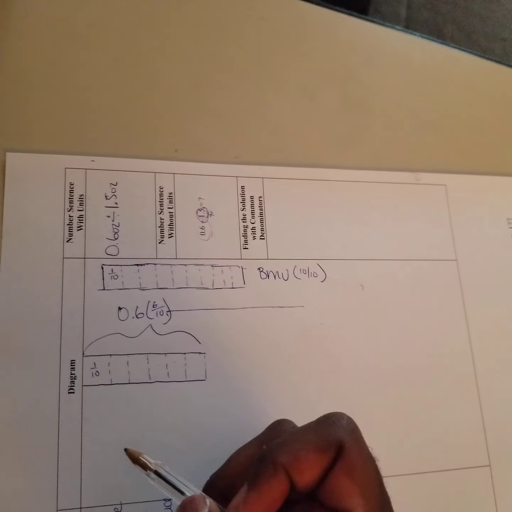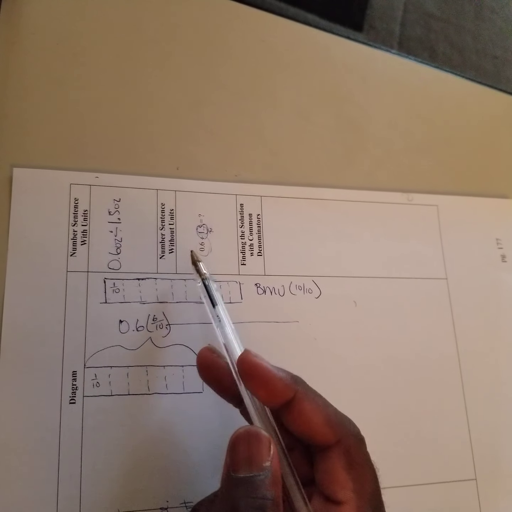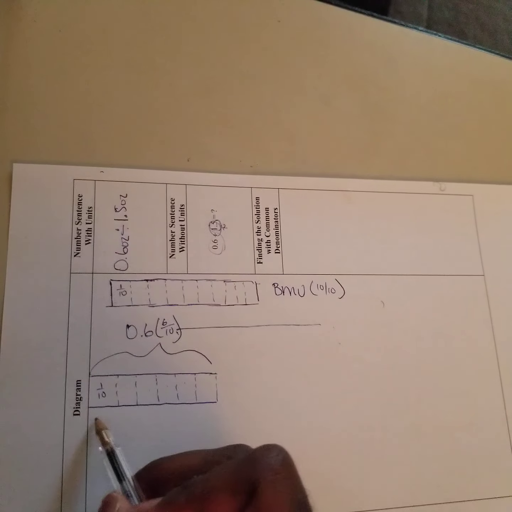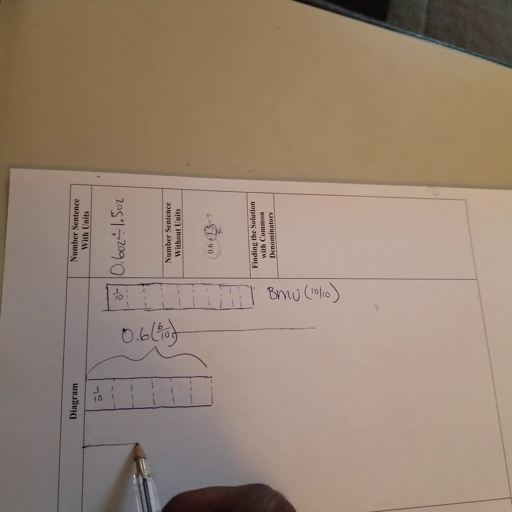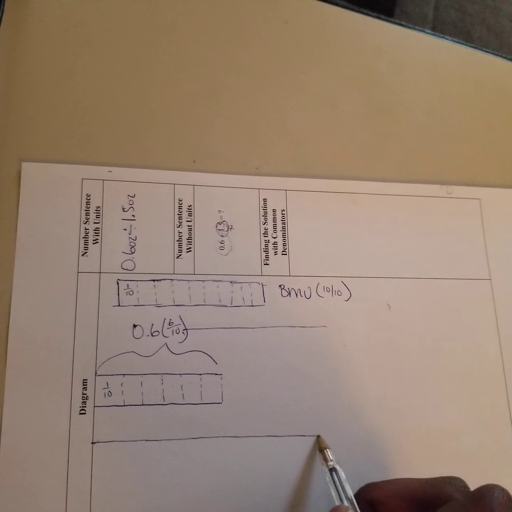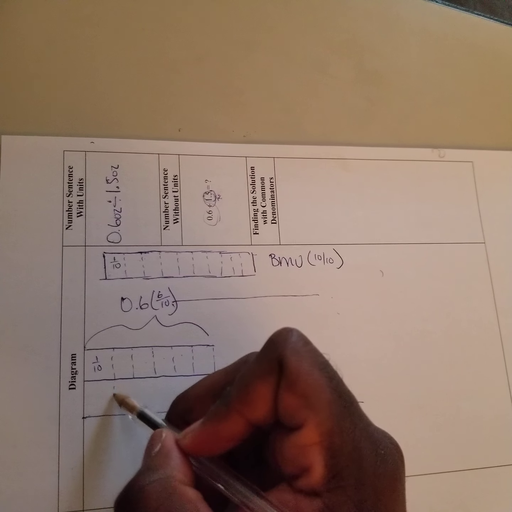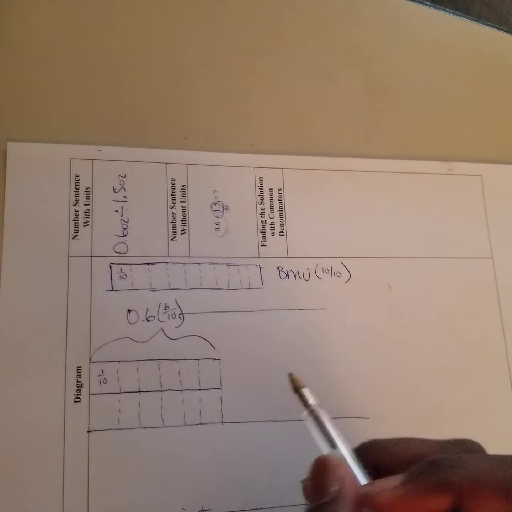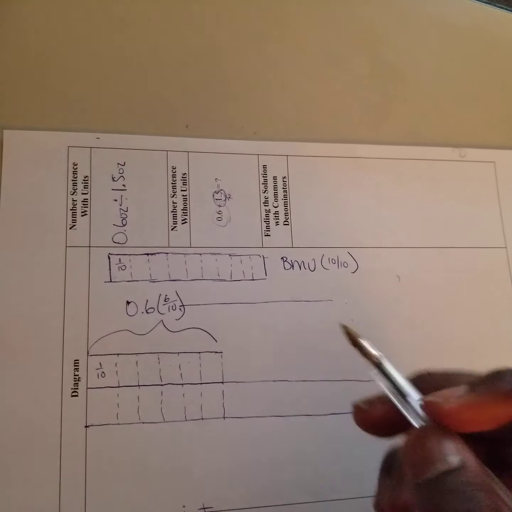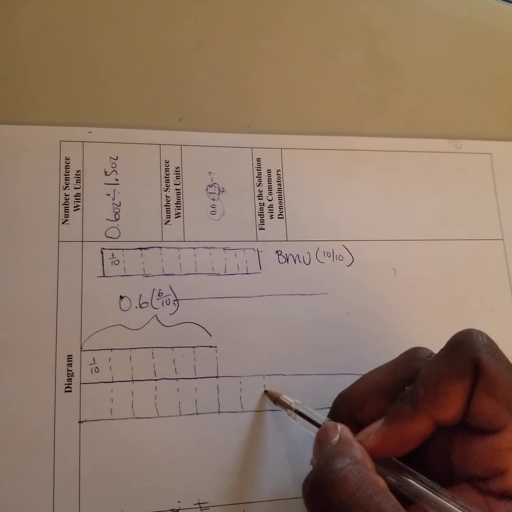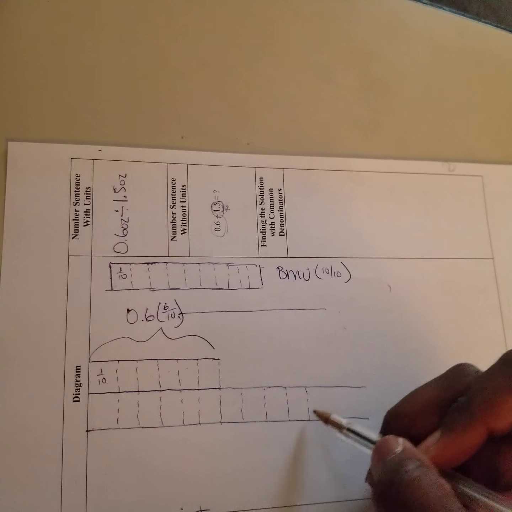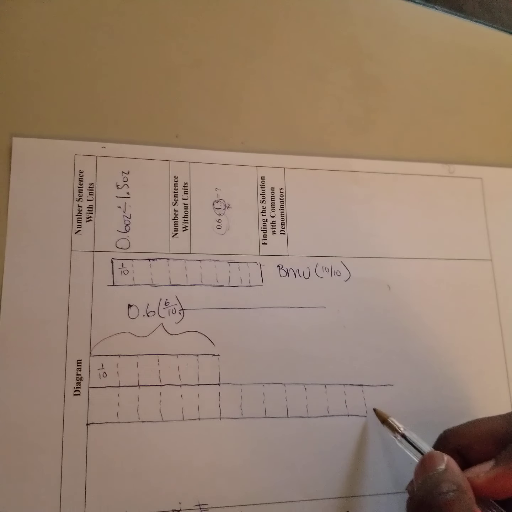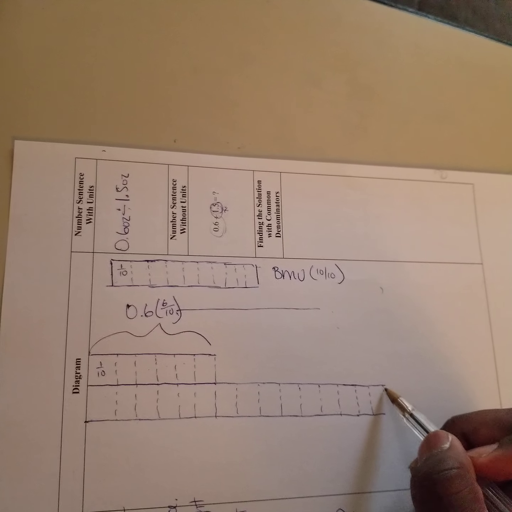Now I'm looking to see what portion of 1.5 is going to fit. So 1 5/10 is the same thing as 15/10. So I got 1, 2, 3, 4, 5, 6, 7, 8, 9, 10, 11, 12, 13, 14, 15.